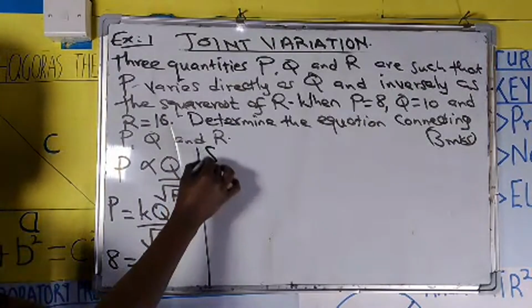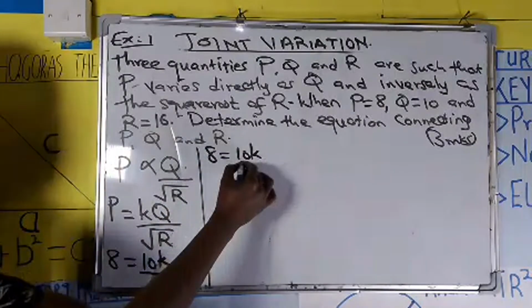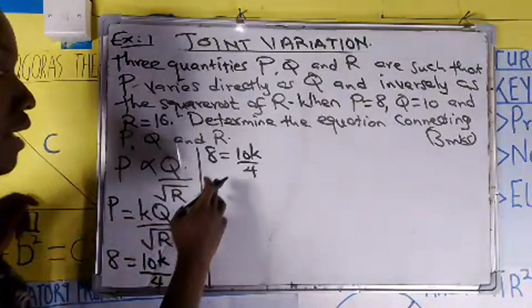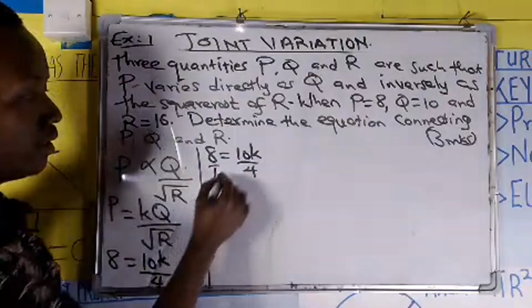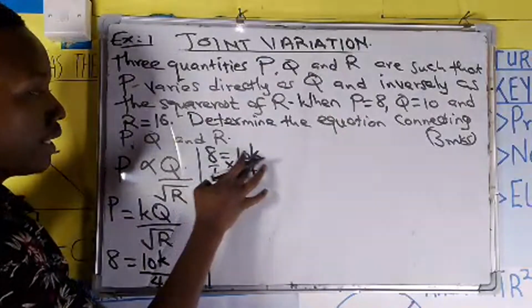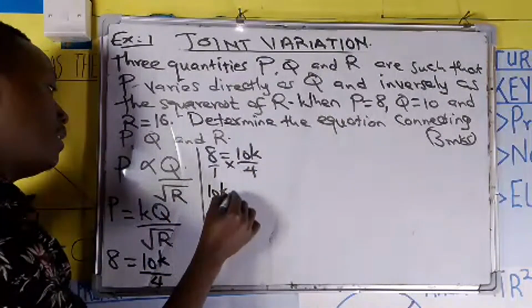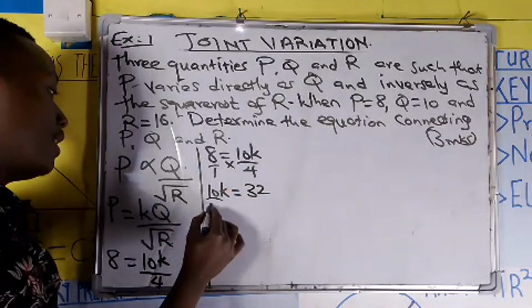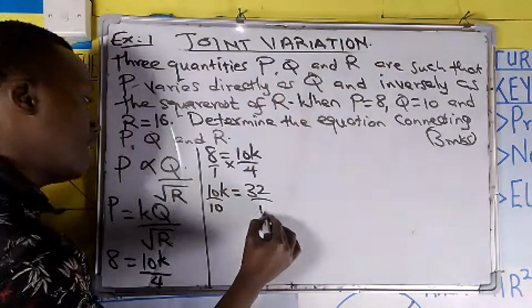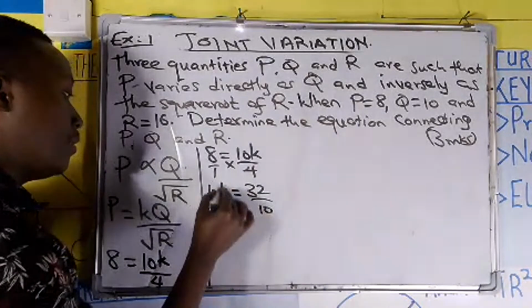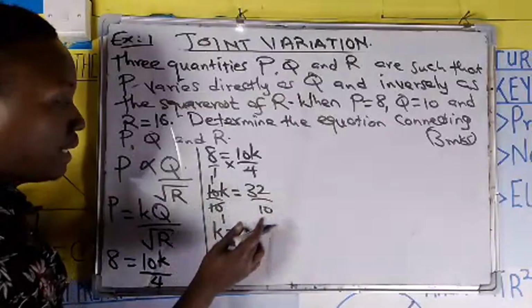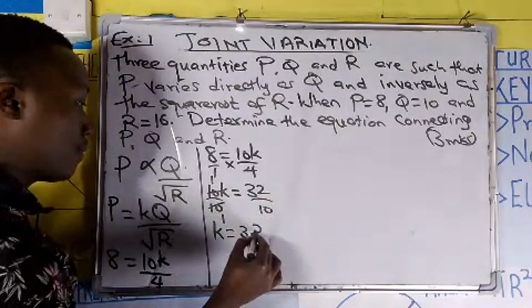So 8 is equal to 10K over 4, and we can determine the value of K. We say 8 over 1, we cross multiply: 10K times 1 is 10K, equal to 8 times 4, which is 32. We divide both sides by 10, and we get K is 32 divided by 10, which is 3.2.